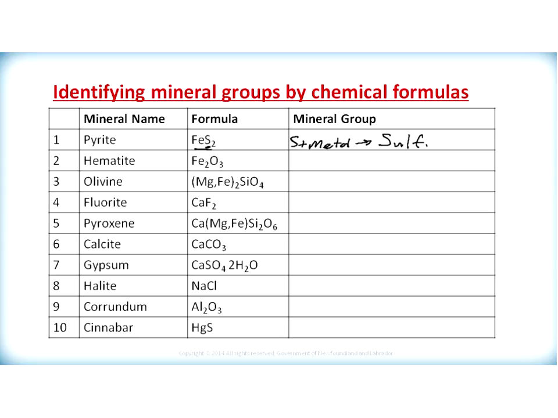So here we have sulfur plus a metal, and that would put it into the mineral group sulfides. So pyrite is classified as a sulfide.